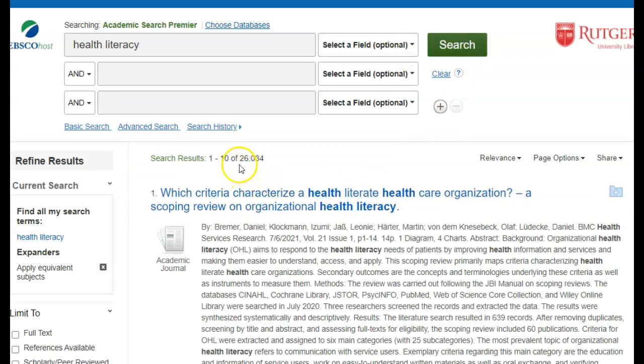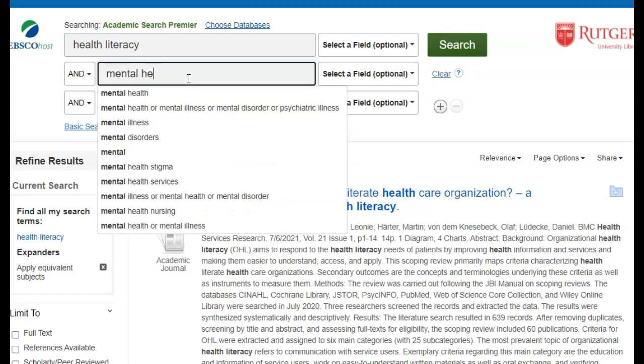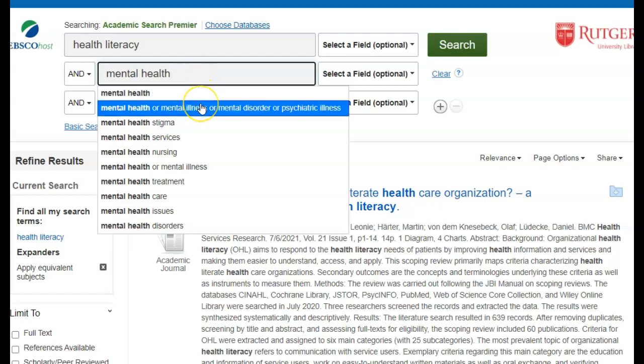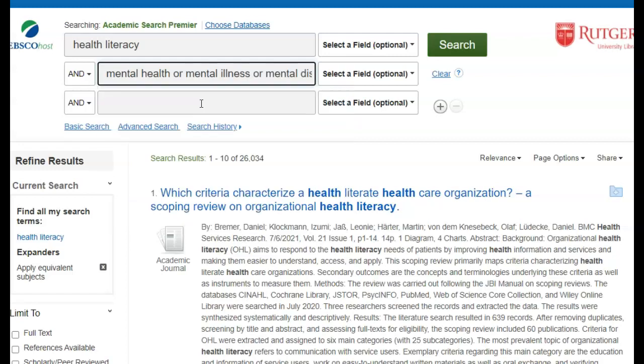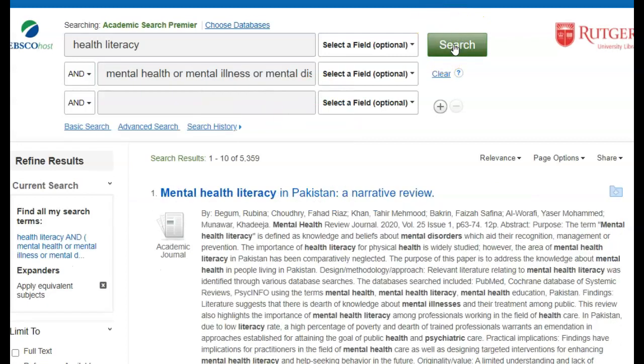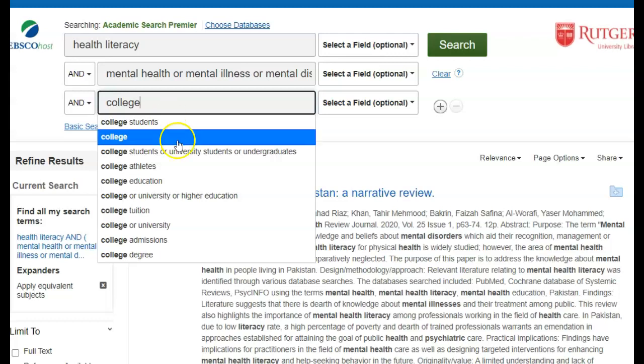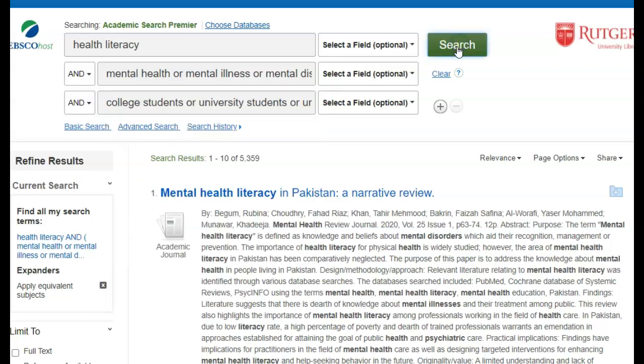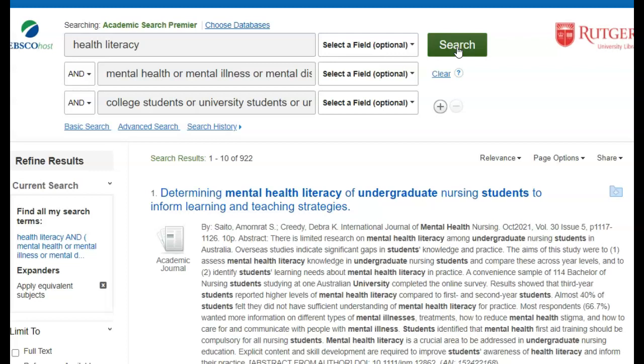So my first search yields nearly 30,000 articles. That's way too much, but the database allows me to further refine by topic. You also notice that it will suggest search terms as I work my way through, and we're up to over 5,000, still too much. So let's narrow down to college students.